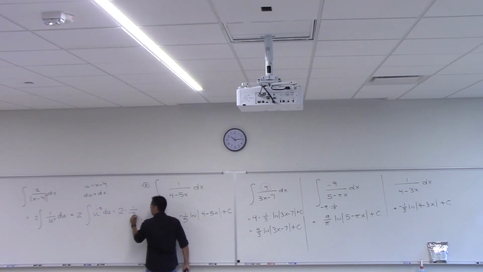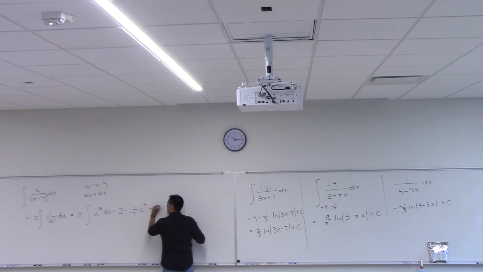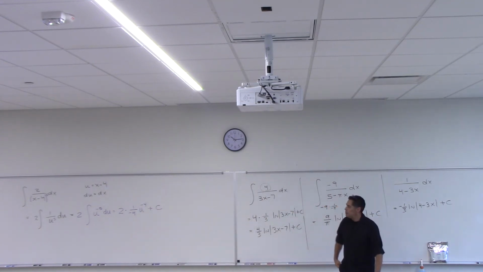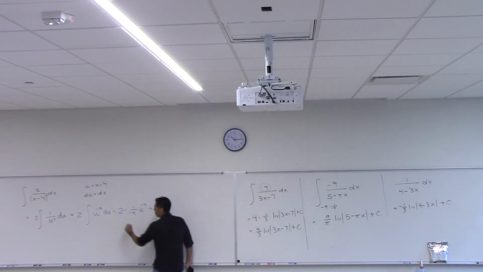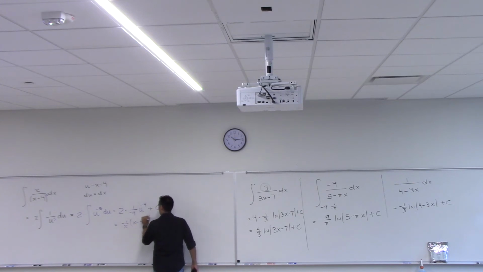So negative 1/4 out front, u to the negative 4 plus c. And these two come together, negative 1/2, u was x minus 4, to the negative 4th power plus c.